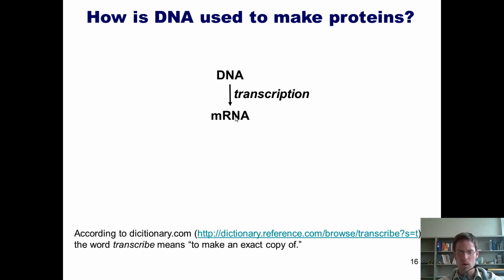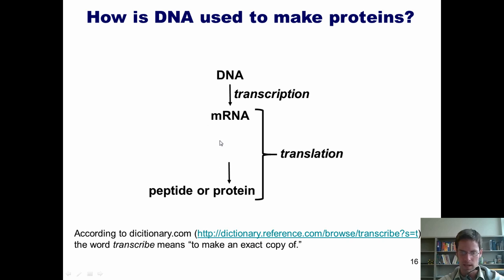Now at this point, the mRNA strand exits the cell's nucleus and is subjected to a process called translation. The word translation means to convert from one language into another. Thus, this process converts the information found in RNA, written in the language of nucleotides, into an actual peptide or protein, which is written in the language of amino acids.